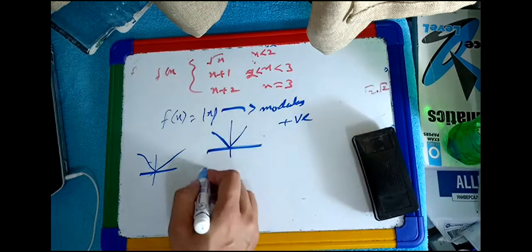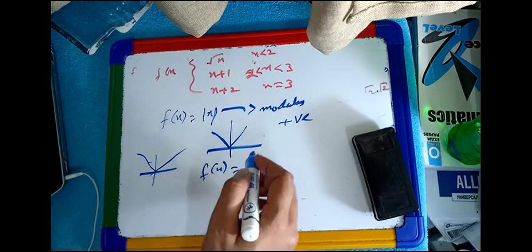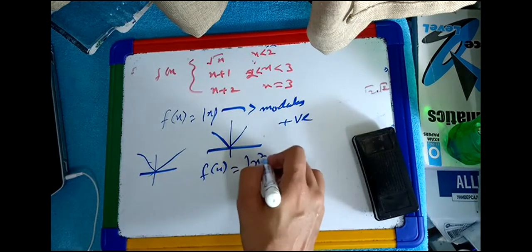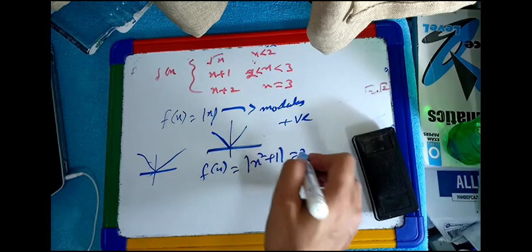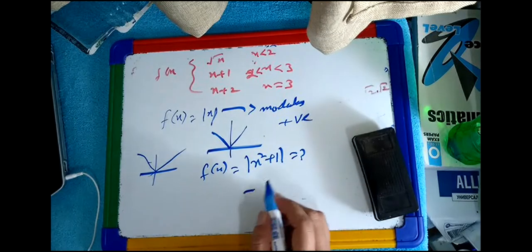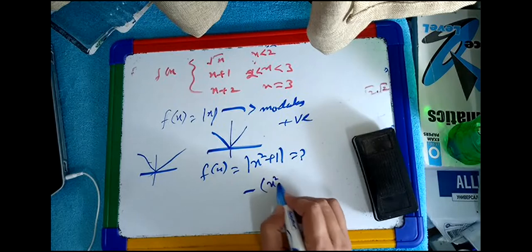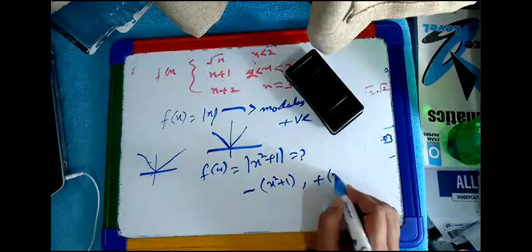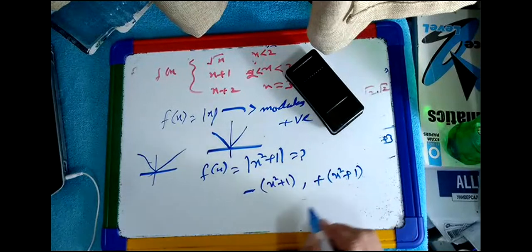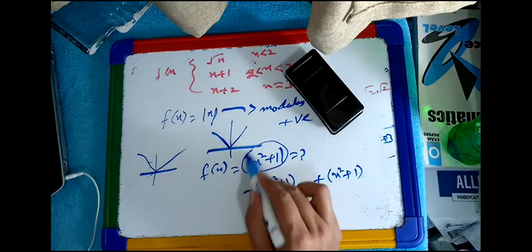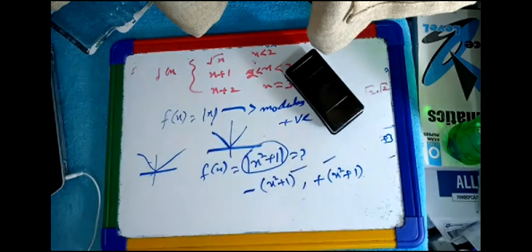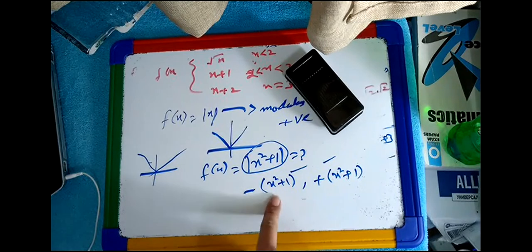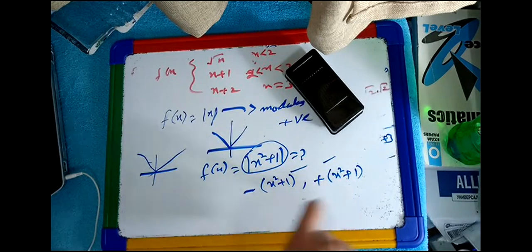One more thing I want to tell you: if you have the value x squared plus 1 in modulus, what you will do is write two things: minus of x squared plus 1, and plus of x squared plus 1. When you open this, the answer comes plus minus. Whenever modulus comes, when you remove the modulus, two values will come: y is equal to plus and y is equal to minus.